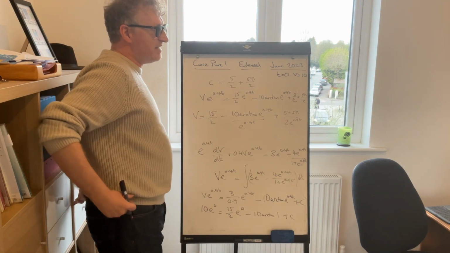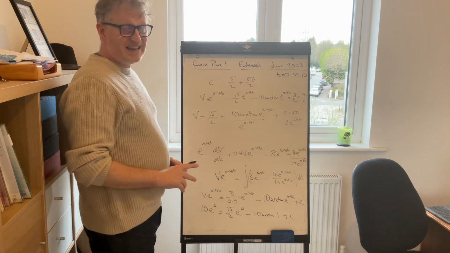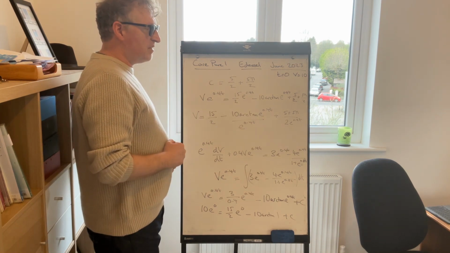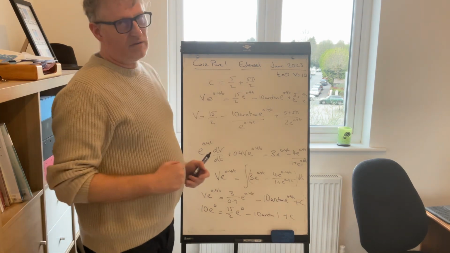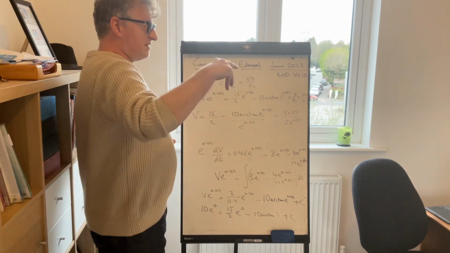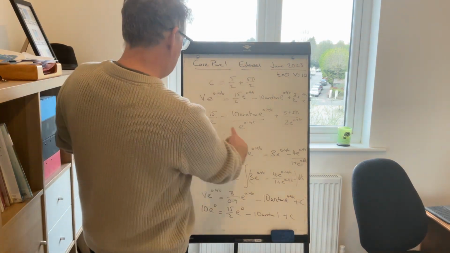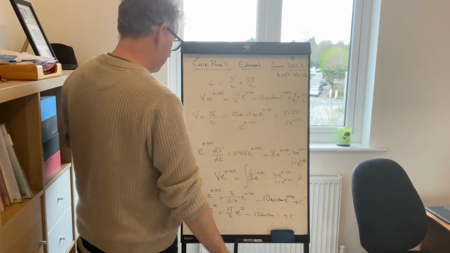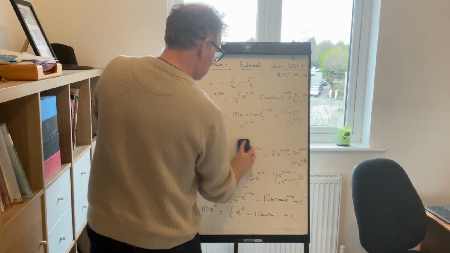Now, after 10 minutes, the volume of water in the tank was 8 litres. Evaluate the model in light of this information. So, we're going to have to put t equals 10 into this formula and evaluate it, basically.